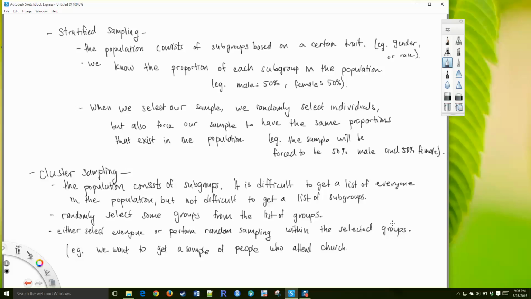Okay, and so we randomly select some churches from a list of churches, and then we perform random sampling within those selected churches.